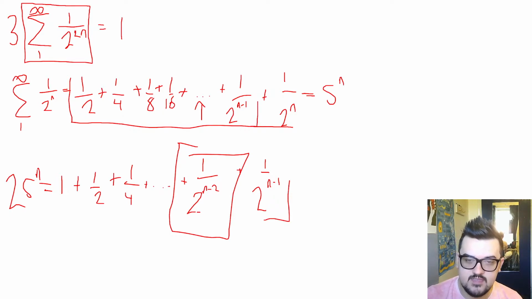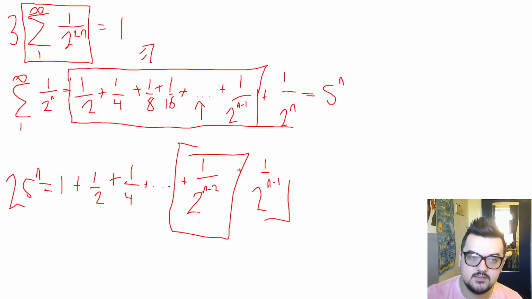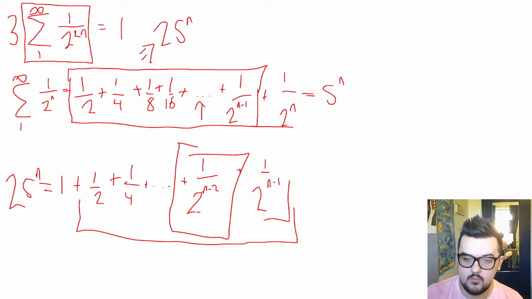So if we take this, we can say that this equals 2Sn. However, we don't have the 1 over 2 to the n, and we also have this 1 here.